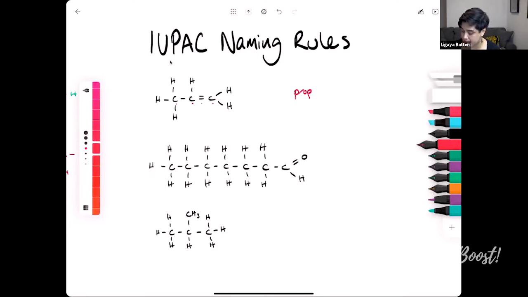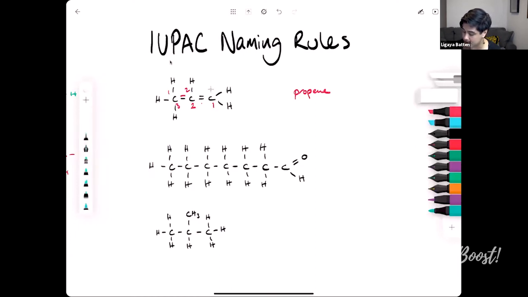It's got this double bond, so that's going to be an ene, and this ene is between carbon 1 and carbon 2 because we want to number them so that we have the lowest numbers. But in this case, if we had the double bond over here, we would just change the numbering from 1 to 3, from backwards to forwards, or from left to right to left. And so actually both ways you'd have the same name. Therefore in propene, you don't need the number because it's not ambiguous if you don't put the number in. So we just write propene.